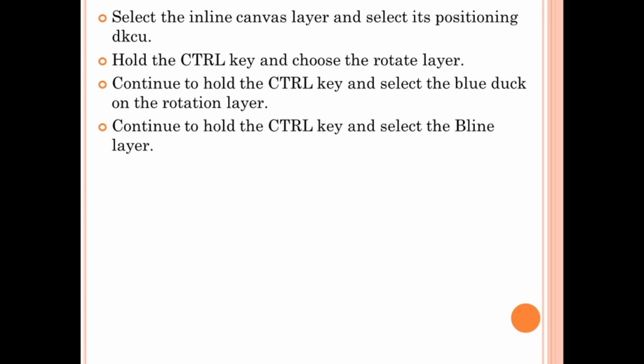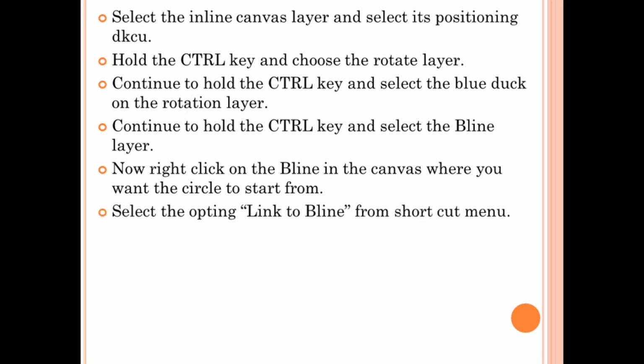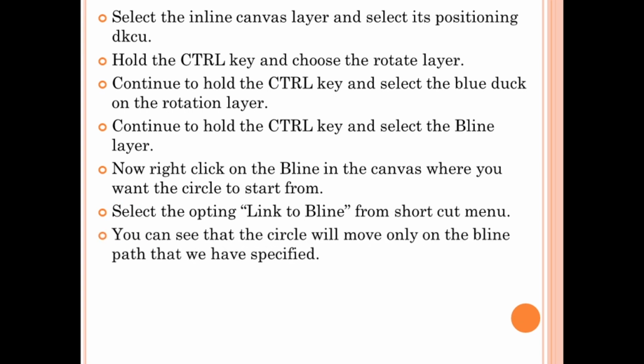Continue to hold the control key and then select the B line layer, or you can say SP line layer. Now right click on the B line in the canvas where you want the circle to start from. Select the Link to B line option from the shortcut menu. Now you can see that the circle will move only on the B line path that we have specified.